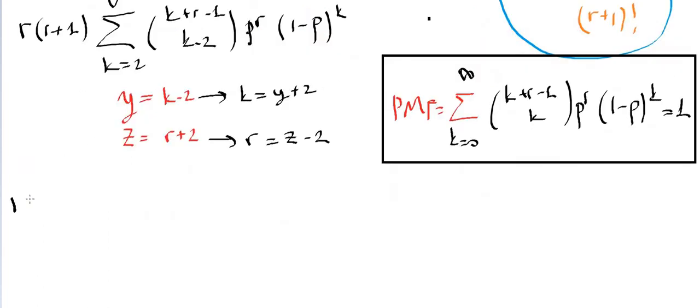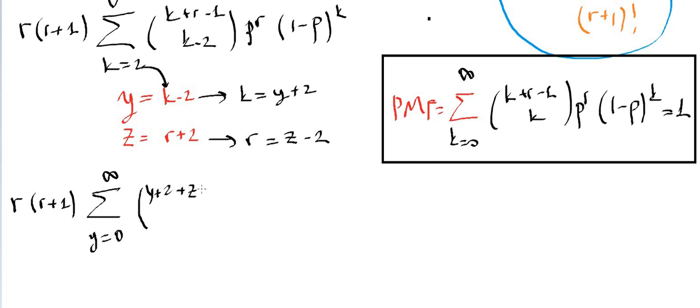We have r times r plus 1 in front of the summation. Here our counter will be y this time. When k equals 2, y will be equal to 0, since 2 minus 2 is 0, so the sum goes from 0 to infinity. And instead of this k, we're going to use y plus 2. Instead of this r, we're going to use z minus 2.